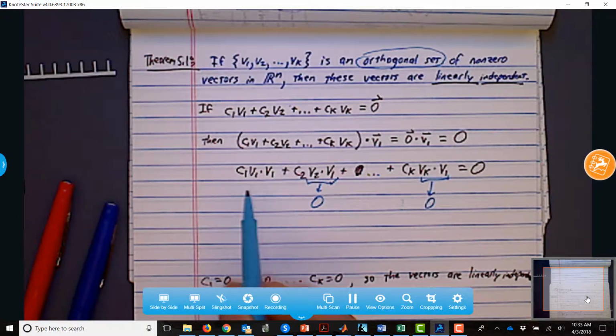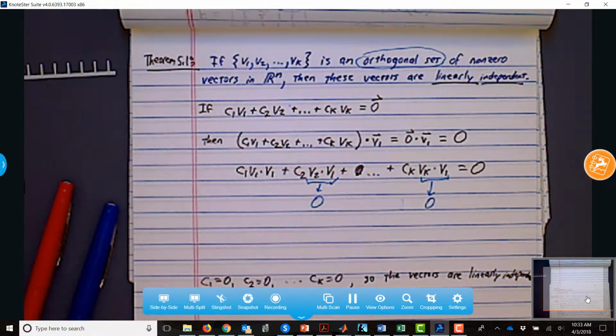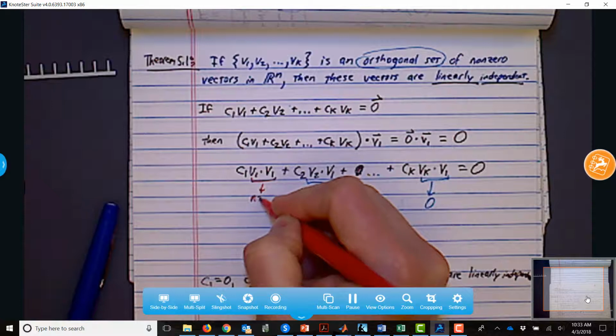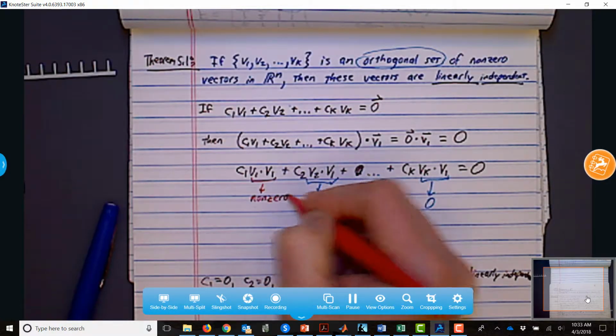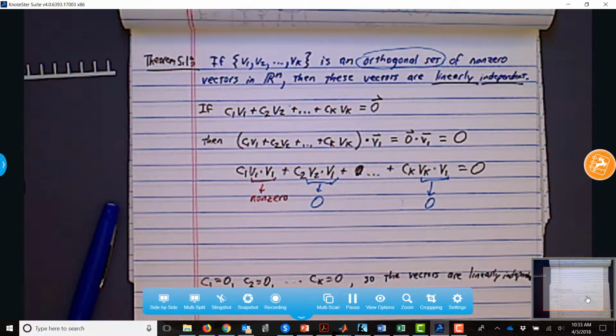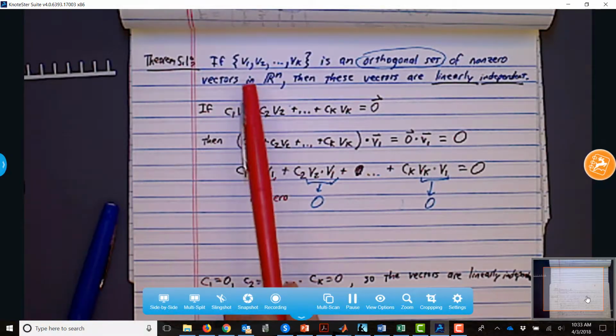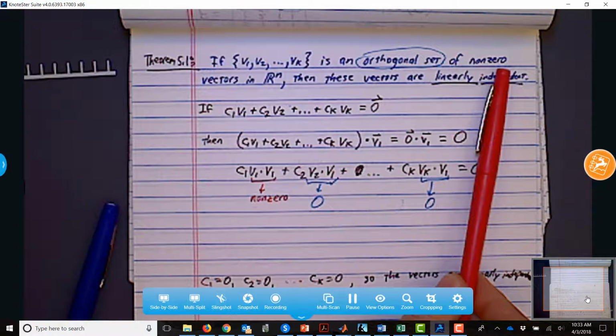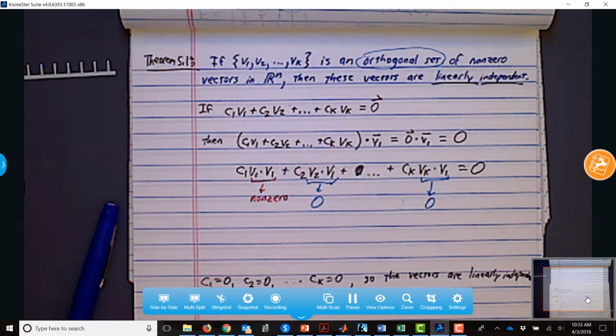Well, actually, I do know. V1 dot V1 is non-zero, because the only way V1 dot V1 can be 0 is if it's the 0 vector. But we said that this is an orthogonal set of non-zero vectors. There's only one vector you could dot with itself and get 0, and that's the 0 vector.